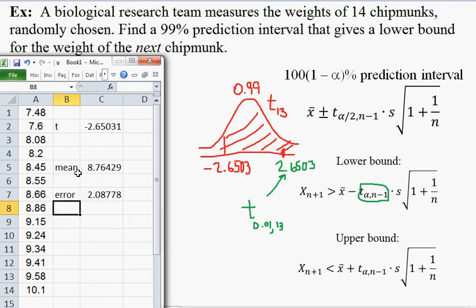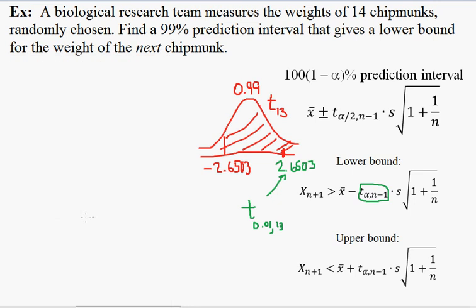And so the error that I get is about 2.08. Now, if you recall with the confidence interval problem, that is significantly larger than the margin of error that we found for the confidence interval.